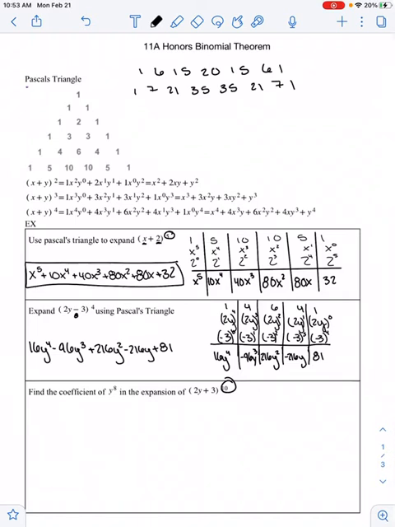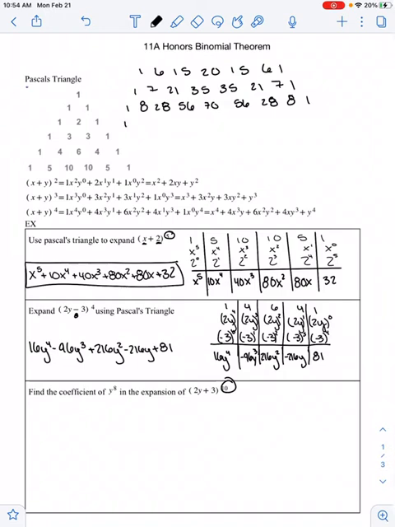And then we would have 1, 8, 28, 56, 70, 56, 28, 8, 1.